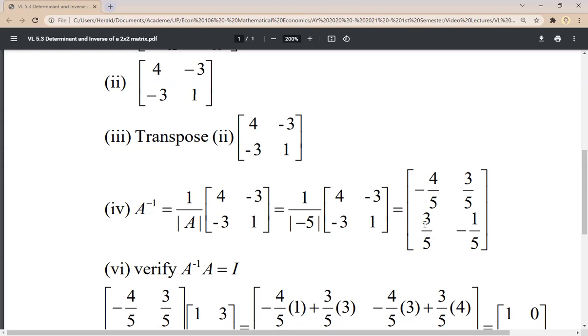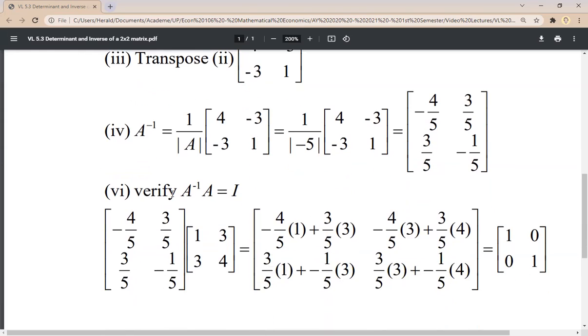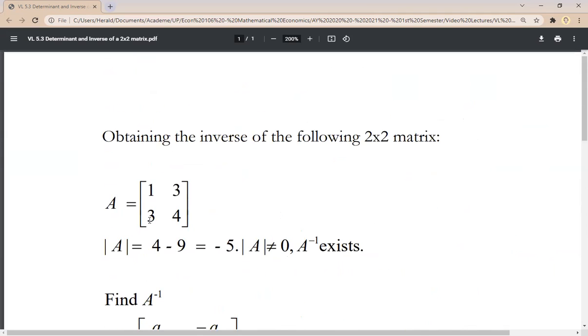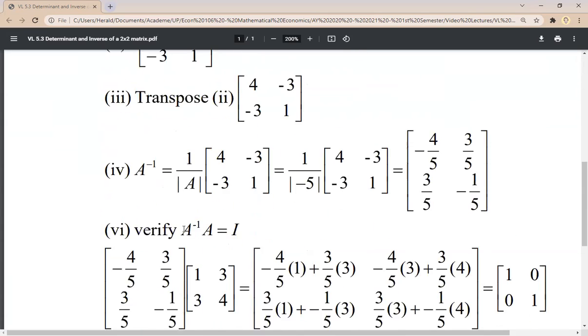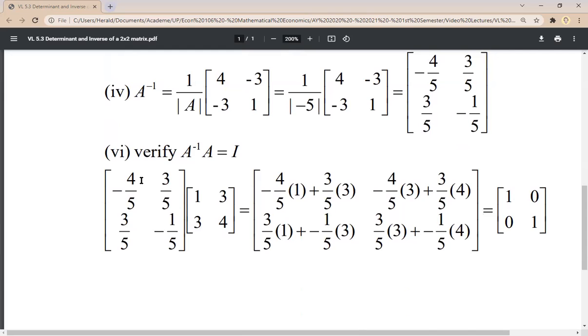The next thing that you will need to do is, remember the discussion last time, we need to verify if that inverse really is the inverse of A, because it will yield an identity matrix. So this is our inverse, multiplied to the original matrix A here, which is coming from our given. If you multiply that, take note class that there is still a conformability condition.